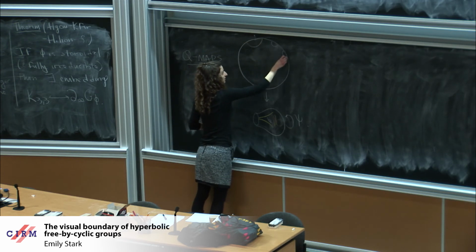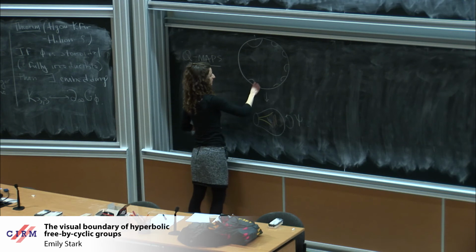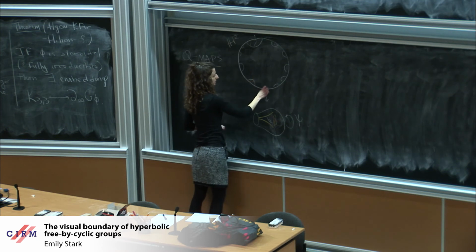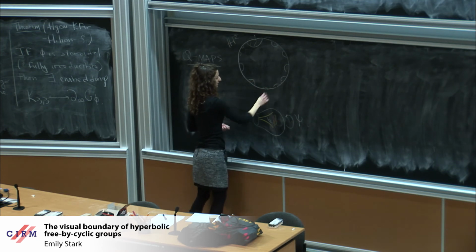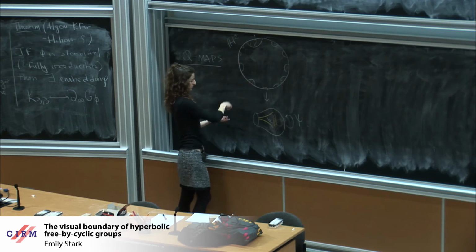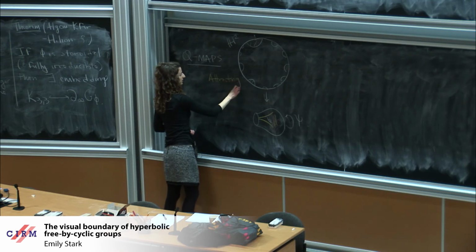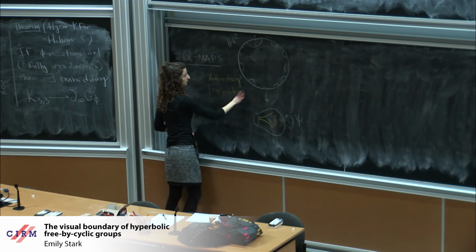Then the universal cover of the surface sits as a subset in the hyperbolic plane with infinitely many half spaces removed. And the laminations on the surface lift to geodesic lines in the hyperbolic plane, and I'll just draw some leaves of the attracting lamination.